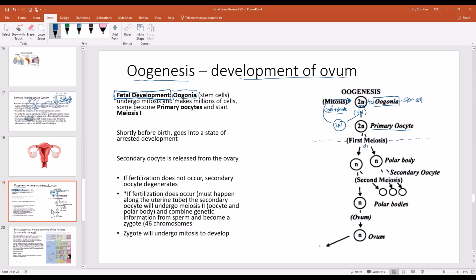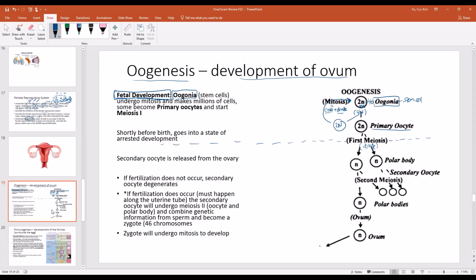Yes, just a divide. So during fetal development, the primary oocyte is getting ready to undergo meiosis 1, in other words, getting ready to divide. Does it finish meiosis 1? No, it does not.